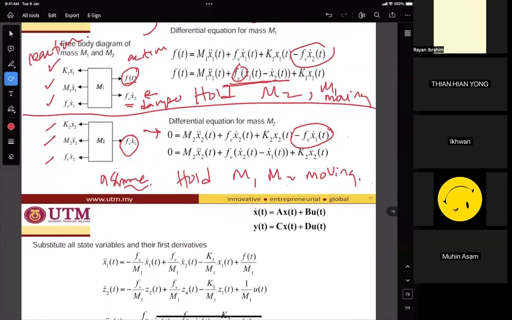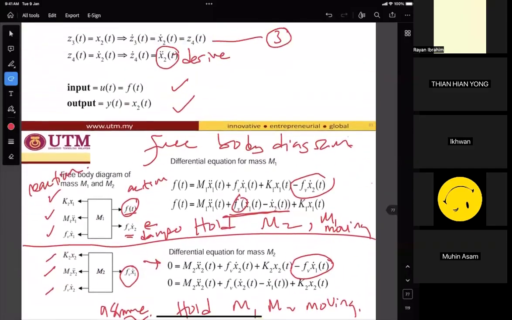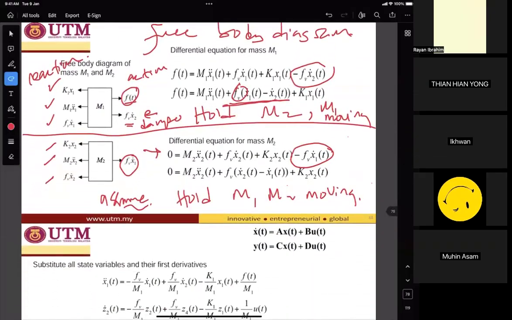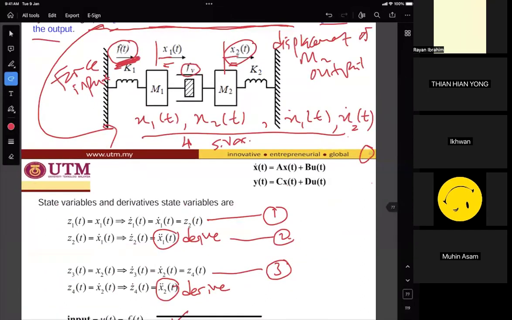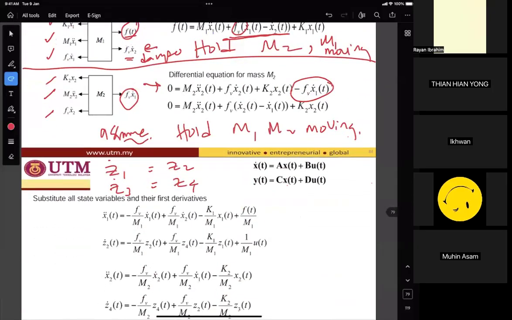So now we have the x1 dot, which is here. We already have two state equations, which are z1 dot and z3 dot, equal to z2 and z4 from the beginning here, equation number 1 and equation number 3.